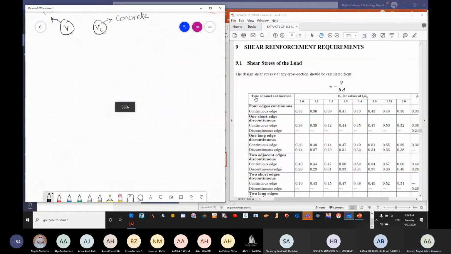If you remember, we said that V small, which is shear stress, is equal to V divided by area. You remember when we talked about shear stress? We said shear force divided by area. So now it has been given here that this is equal to V divided by BD.